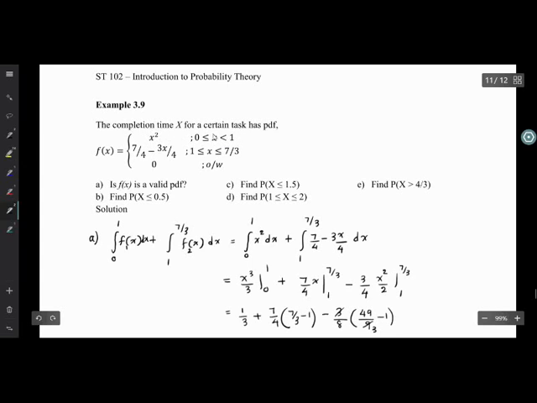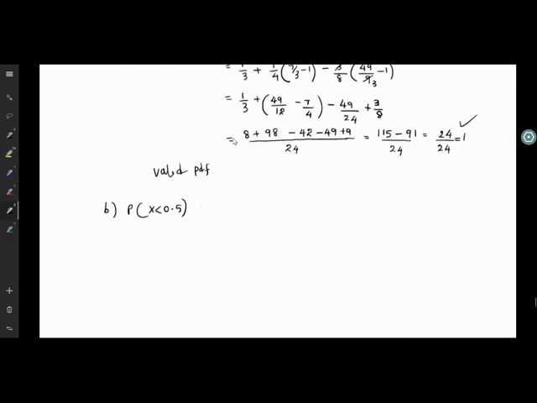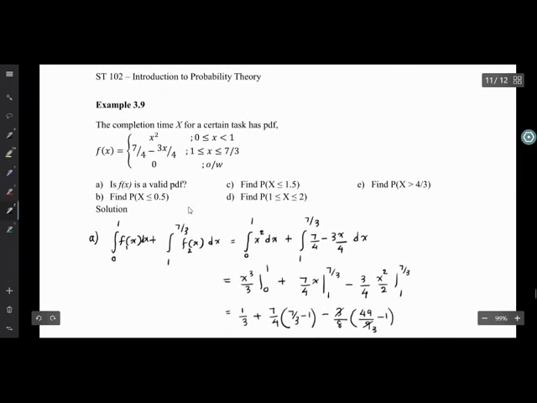When you do the integration, the lower limit is 0 up to 0.5. The corresponding function is x squared. Okay, so you can find that probability.